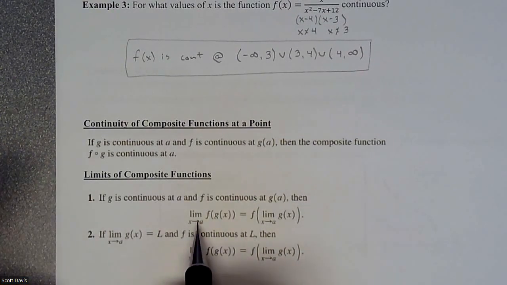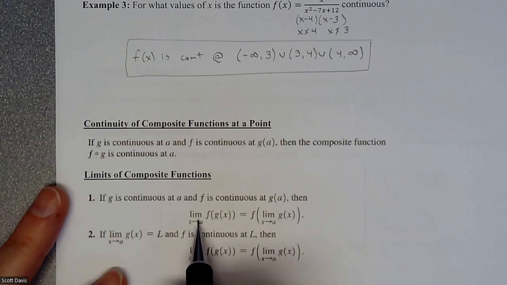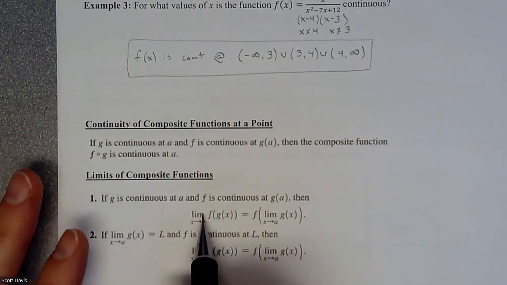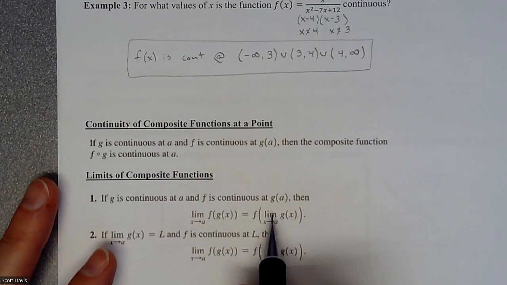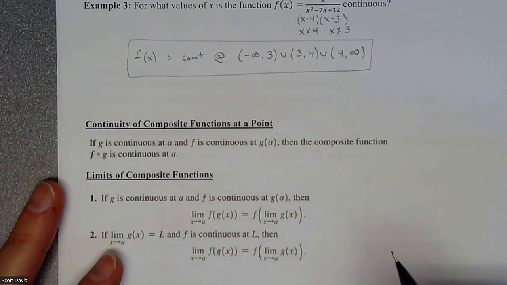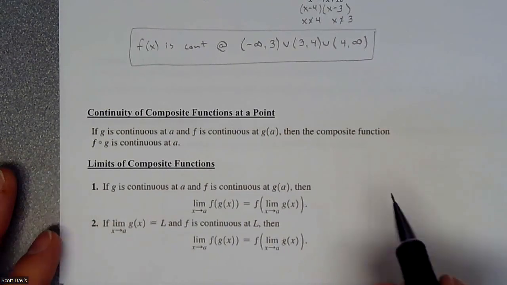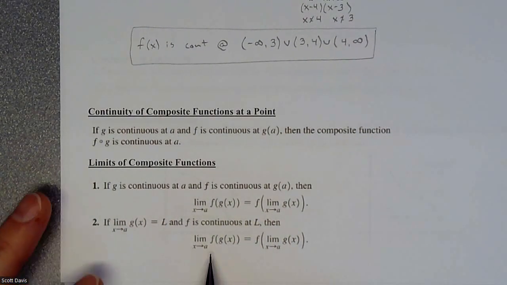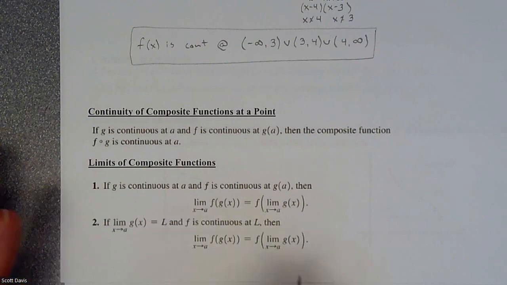Because remember that when you're doing a limit at the end of the day, you're plugging in a value. And so it might be easier to take this outside function out, do the limit of the inside function, and then take that value and plug it in. So you have that option to do something like that, all right?